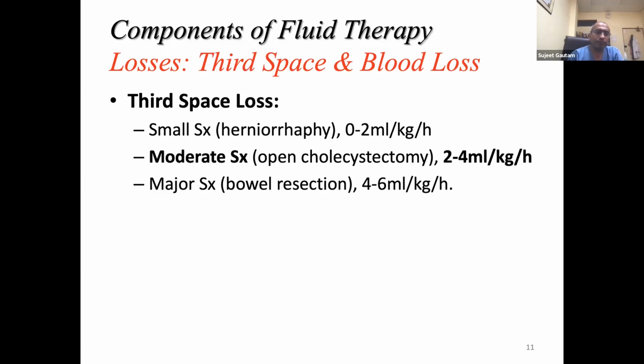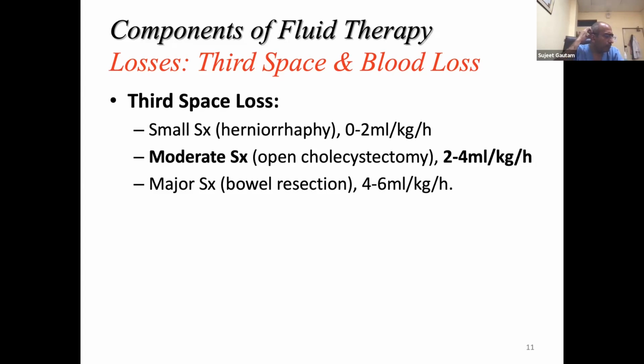For example, minimally invasive surgeries like small herniorrhaphy, 0 to 2 mils per kg per hour. And moderate surgeries like open cholecystectomy, one should go for 2 to 4 mils per kg per hour. And major surgery like bowel resection or radical cholecystectomy, Whipple's procedure, something like that, one should go for 4 to 6 mils per kg per hour.